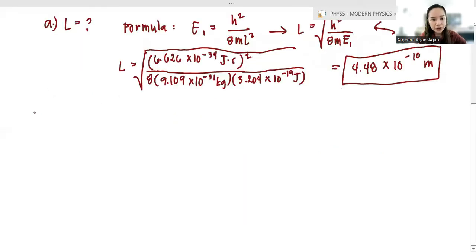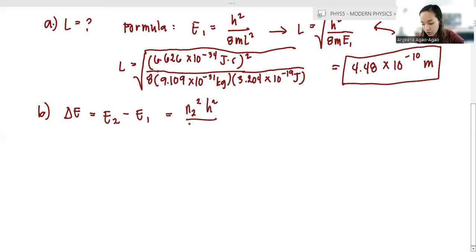So for letter B, we are going to look for the energy input for the excited state of our electron. So we have delta E equal to E sub 2 minus E sub 1. So still using our formula, for our E sub 2, we have n sub 2 squared h squared over 8 m L squared minus our n sub 1 squared h squared over 8 m L squared.